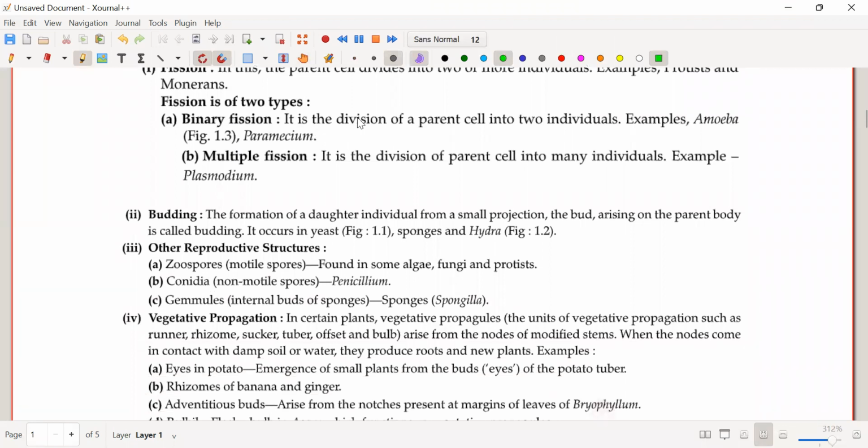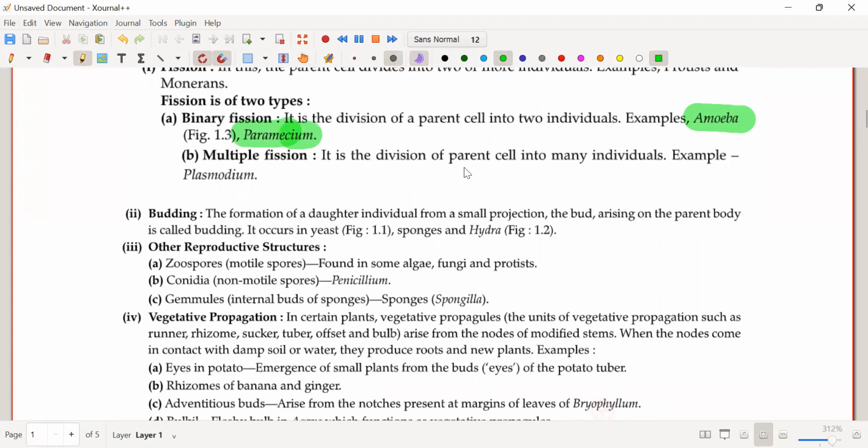Binary fission is the division of the parent cell into two individuals. Example, amoeba, paramecium. I'll show this picture; I've drawn that picture on another page. Multiple fission is the division of the parent cell into many individuals. Example, plasmodium.